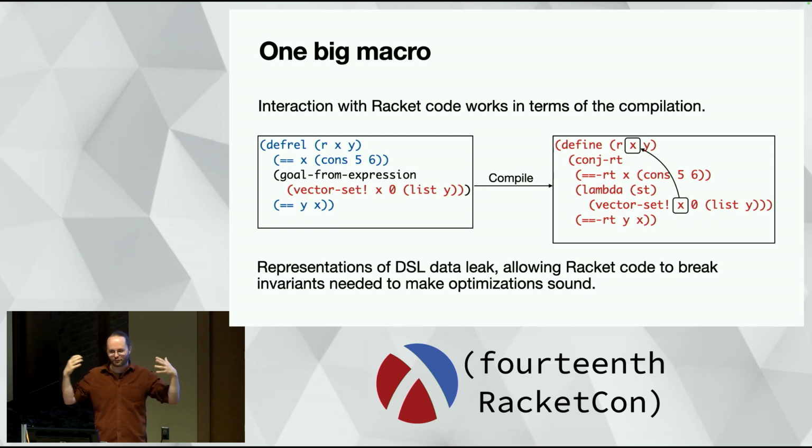And so we can sort of reach down into the implementation and say, well, I'm going to change the field in that vector that sometimes contains the value of this variable. And if our Racket code does that, then whatever our compiler thought was true just isn't true anymore, right? And our optimization was unsound. So to protect ourselves from this, it starts getting a lot of work. You can kind of do it, but that's another big issue, and that's where sort of this multi-language structure really comes in.